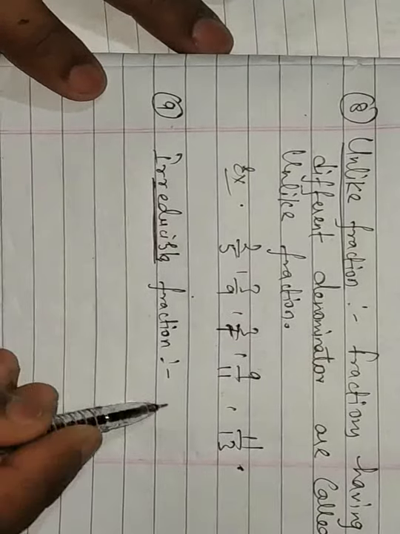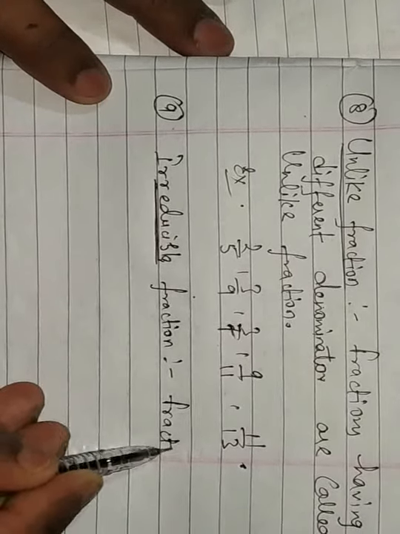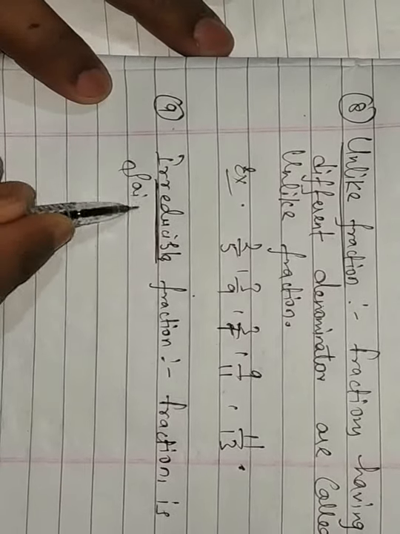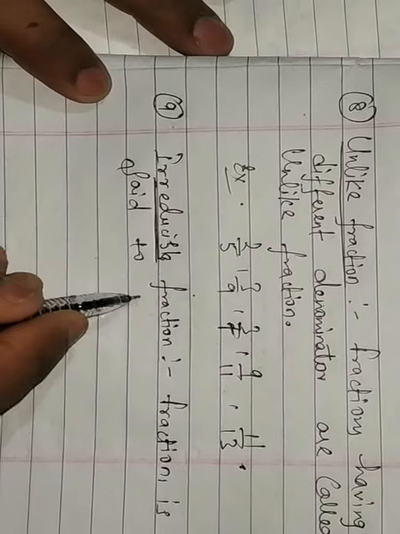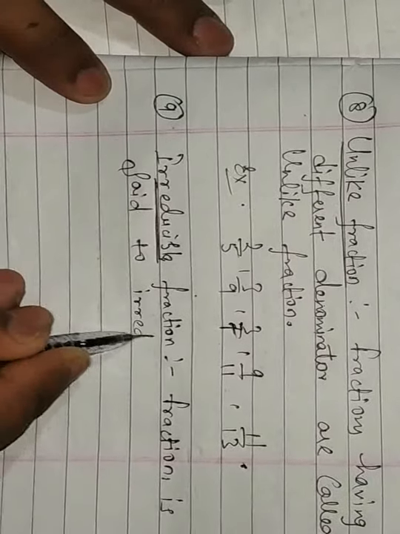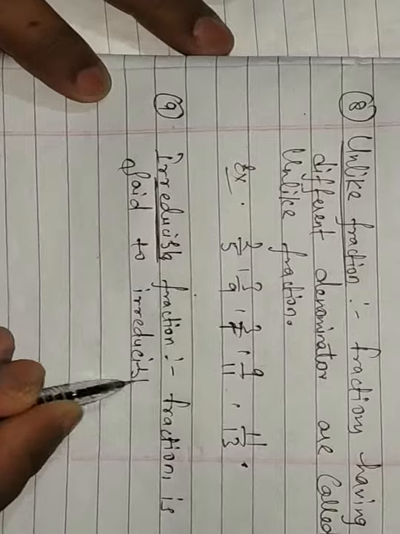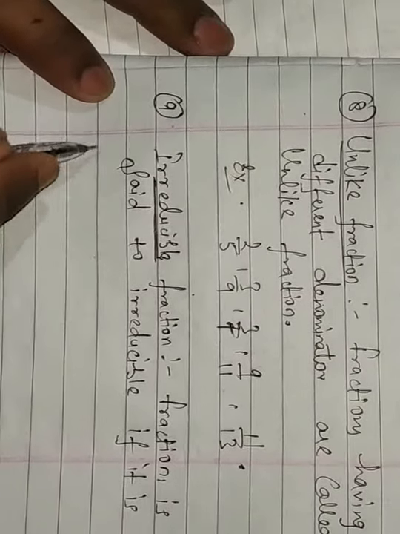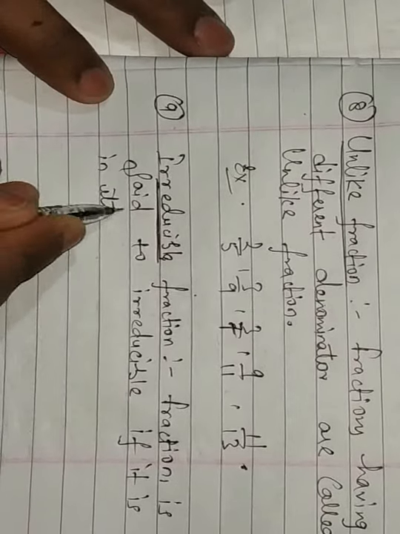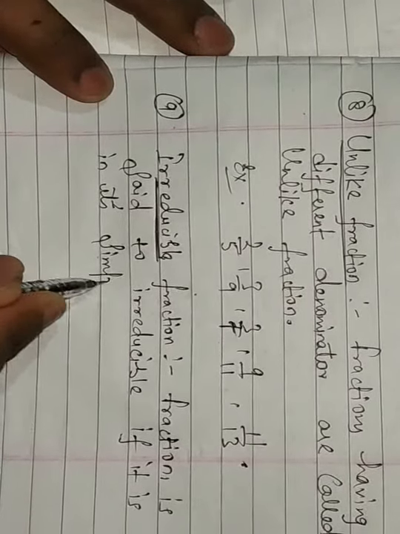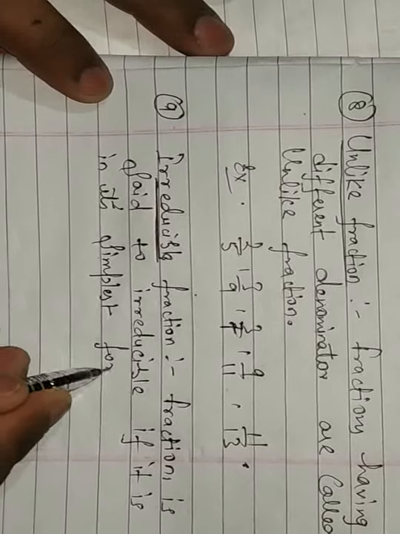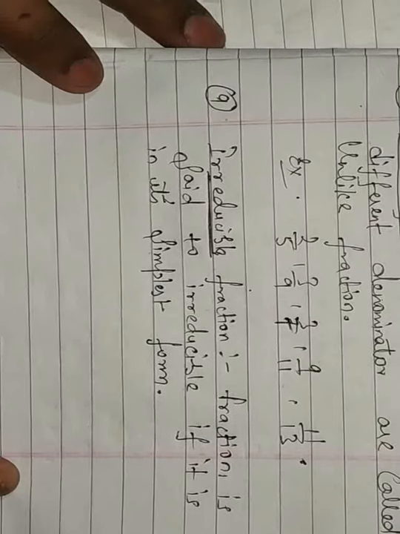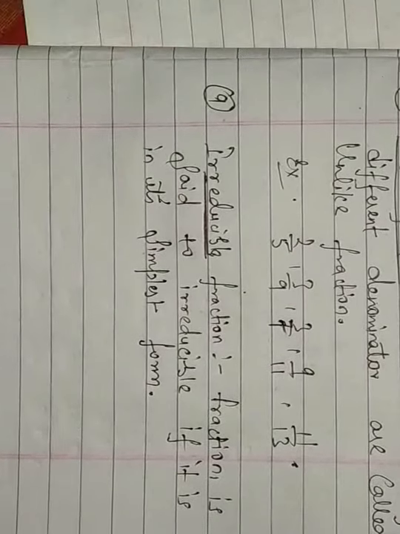Because a fraction is said to be irreducible if it is in its simplest form. किसी भी फ्रैक्शन को irreducible फ्रैक्शन इसलिए बोलते हैं क्योंकि वो उसके सिंपलेस्ट फॉर्म में होता है.